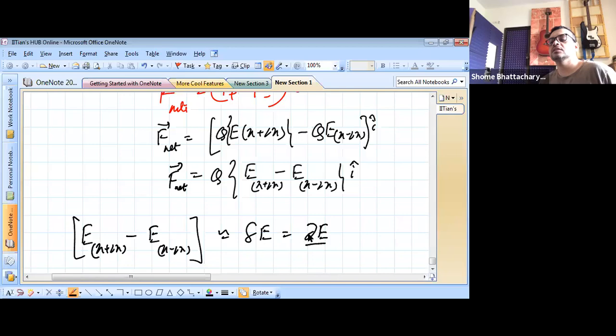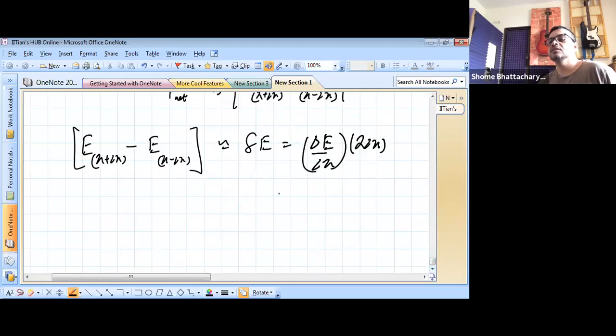We can write this as delta E by delta x times 2 delta x, because the difference in the coordinate is 2 delta x. That is nothing but dE by dx into 2L, where L is the half length of the dipole and 2L is the size of the dipole.